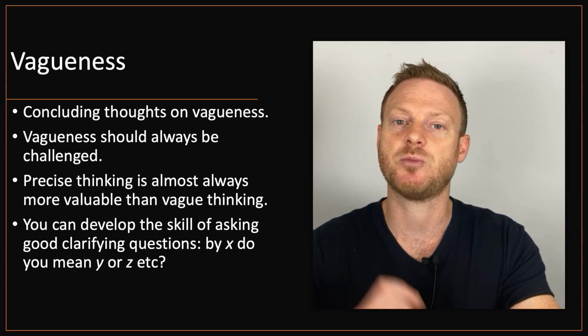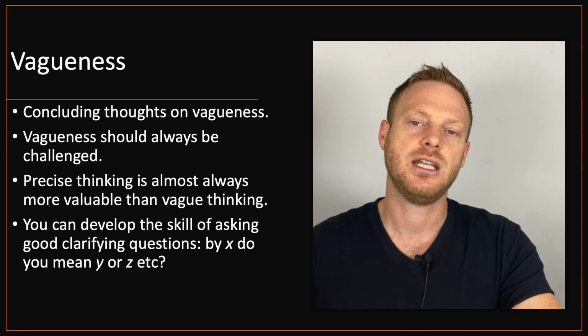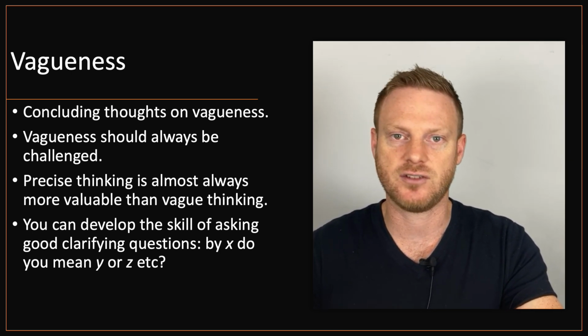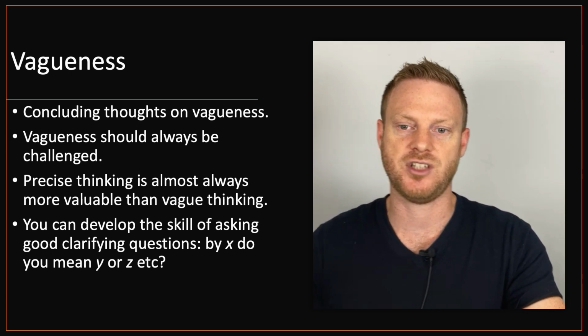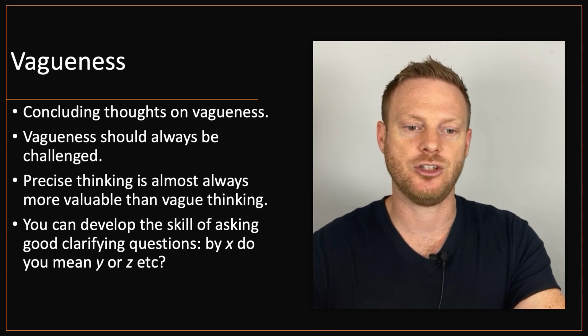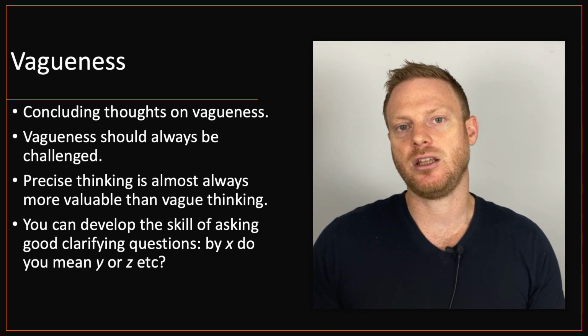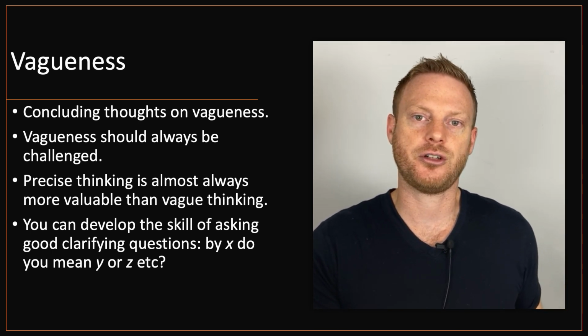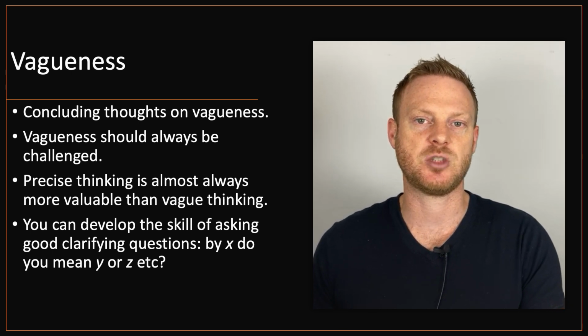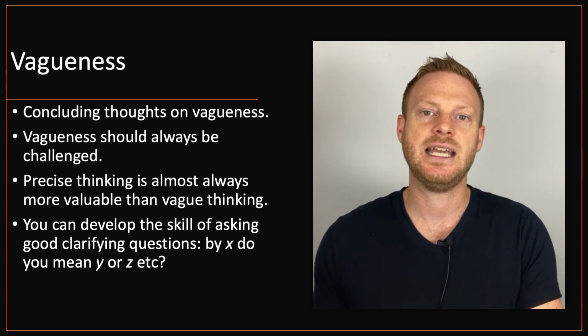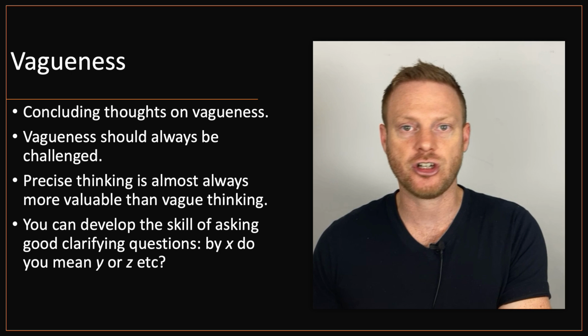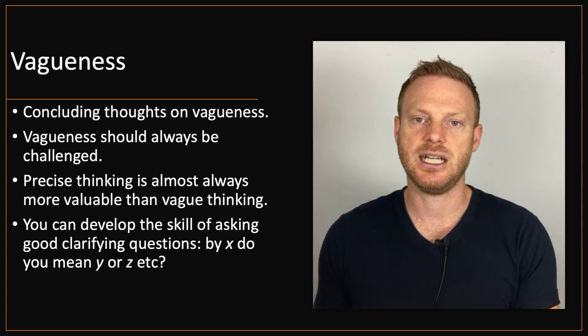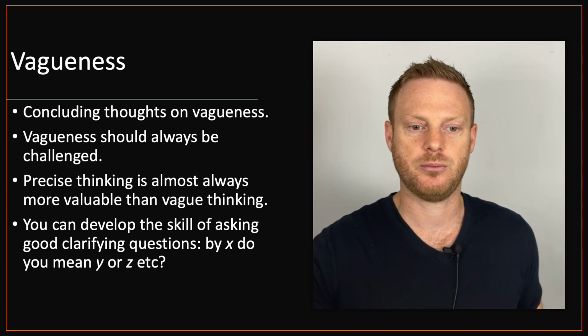And being able to spot which terms are the vague terms, that's also a knack. It's something you develop by looking at these problem sets repeatedly. Basically, the clearer you can get at your own critical thinking, the better you're going to be able to spot vagueness in other people's thinking and then ask those questions. Not to be a jerk or anything, but just to ask them in a healthy and productive way.